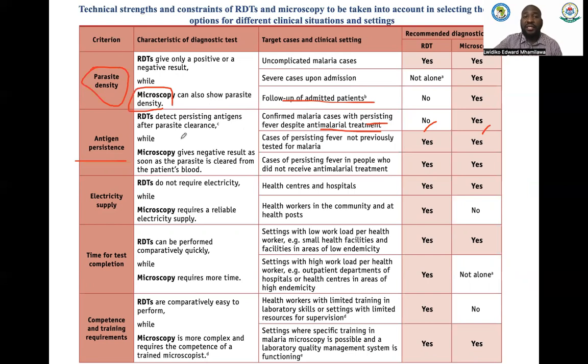When you're looking at cases with persisting fever that were not previously tested for malaria, a rapid diagnostic test can help you know whether this person has been exposed to the parasites or not, and both can be easily used. And where fever is ongoing and patients did not receive any malaria treatment, microscopy can be a useful tool.